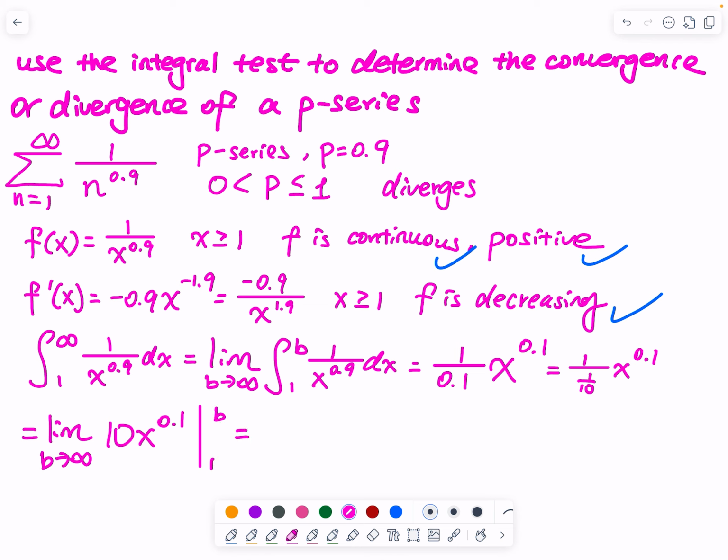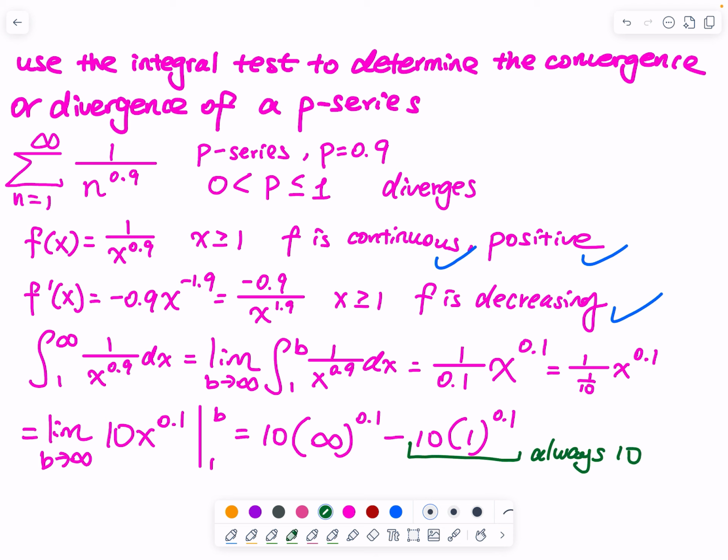Plugging in, you have 10 times infinity to the 0.1 minus 10 times 1 to the 0.1. 1 to the anything is 1, so this is always equal to 10.